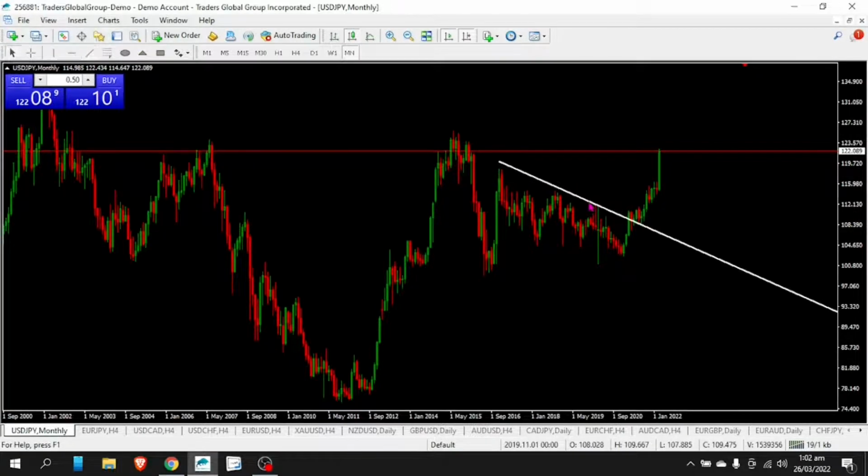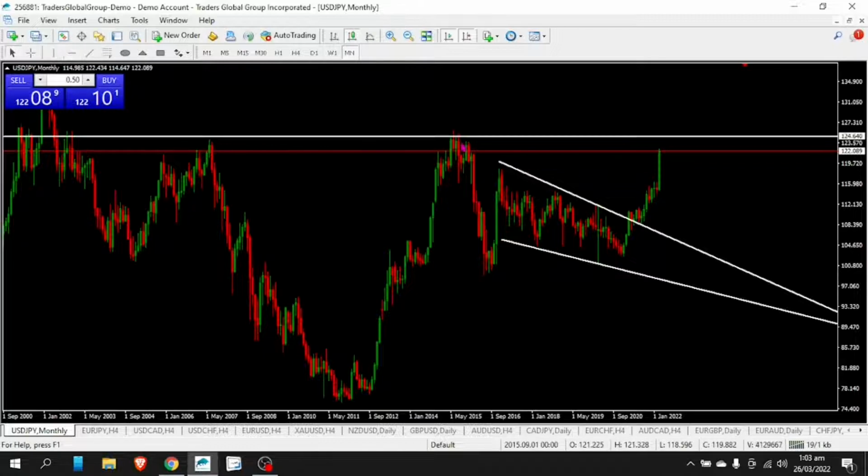This is my bearish trend line, and this is another bearish trend line. A bearish support, bearish resistance, and you can also use this horizontal line to plot out your resistance here, and price is about to reach this resistance.